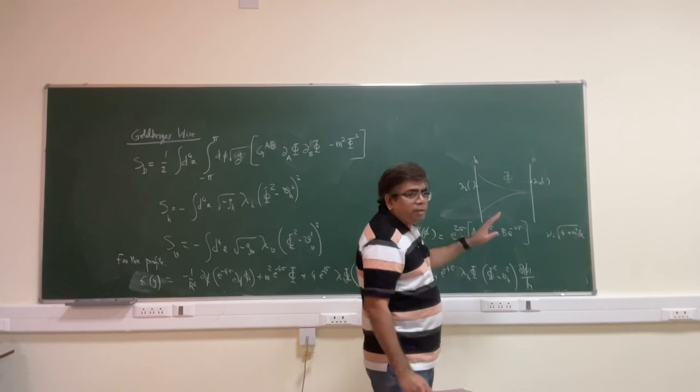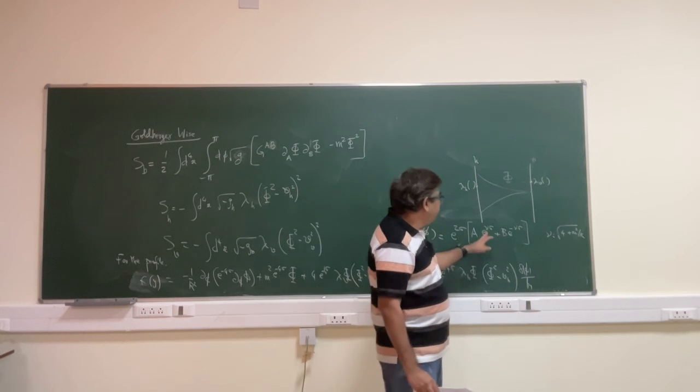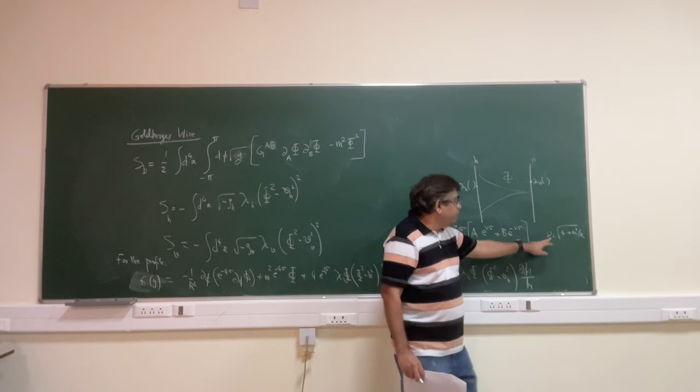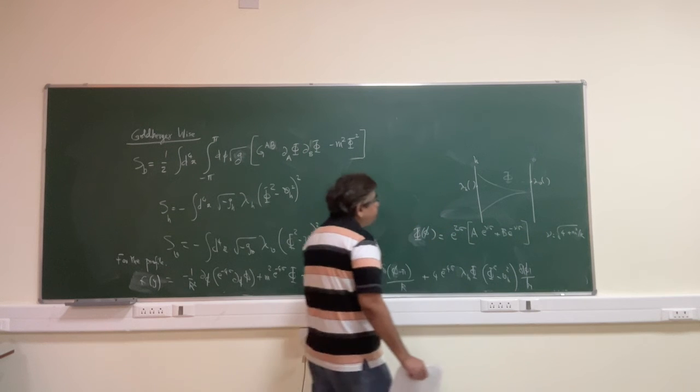It's exactly the same thing as previously. Earlier we called a some constants. Essentially m square by k is nothing but a.